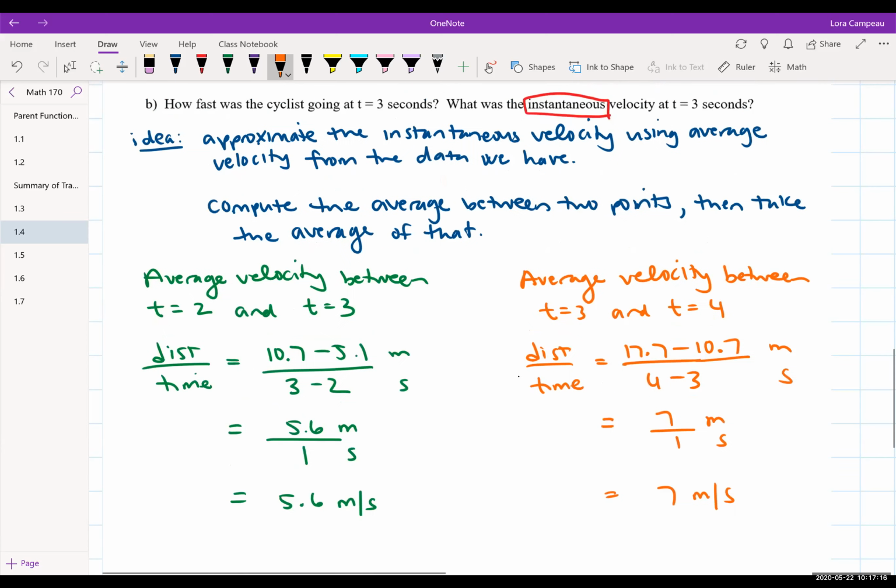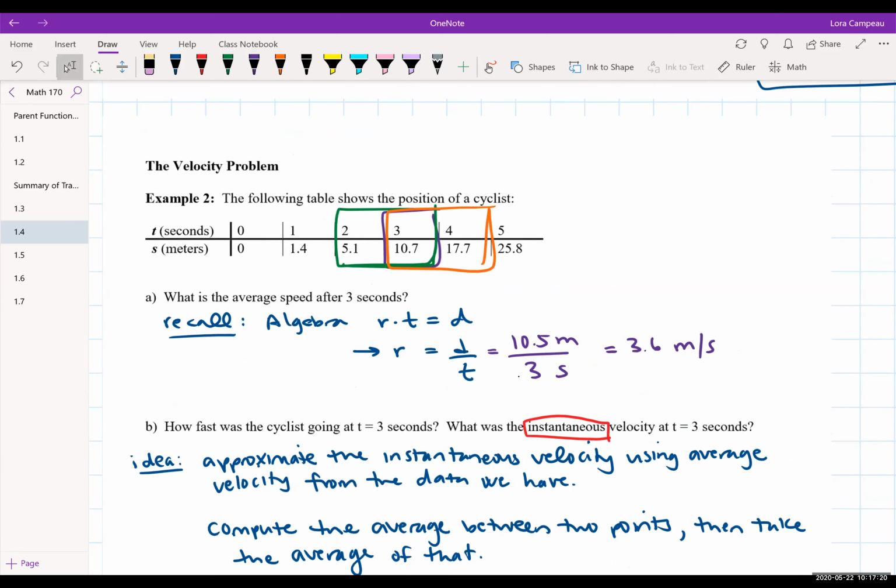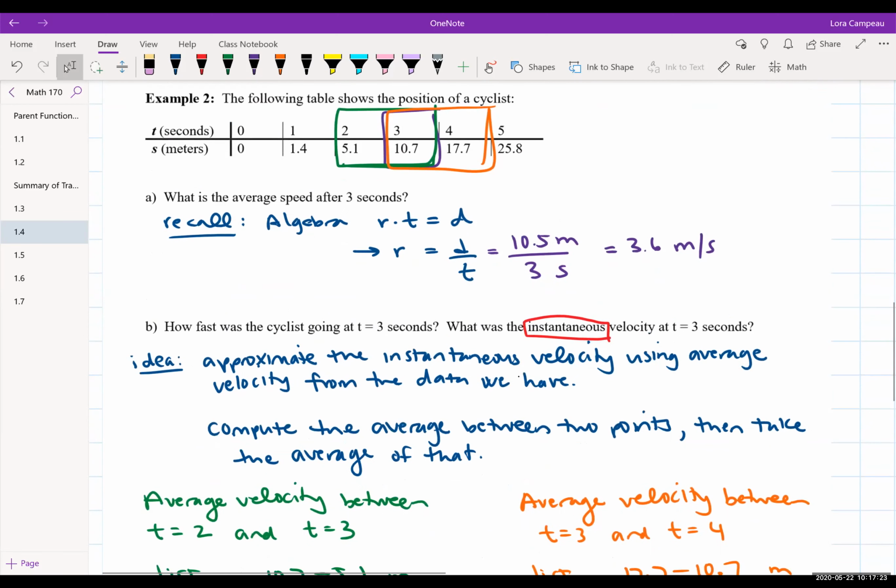So we just found the average velocity between the two data points, 2, 5.1, and 3, 10.7, and then another average velocity calculation between 3, 10.7, and 4, 17.7.